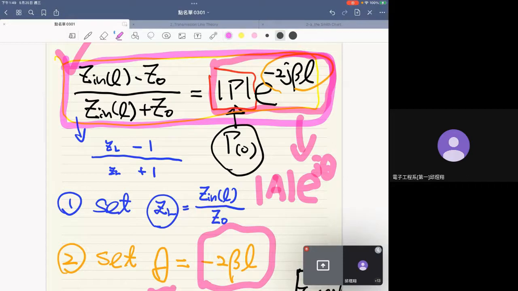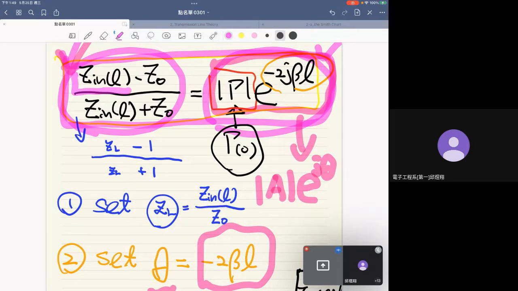Okay, for this part, you know something. All of this is the reflection coefficient at the position L, right? Either the left part, also the right part, two of them are different forms of the reflection coefficient. And for the left part, you can see that this is also the input impedance.